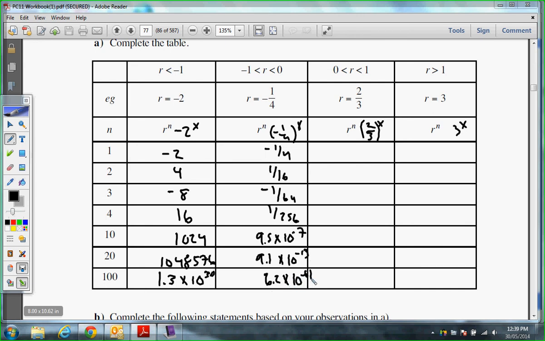Okay, then we have 2/3, 4/9, 8/27, 16/81. Then we're going to have 3 times 10 to the -4. Oops, forgot one. We're going to have 0.173.